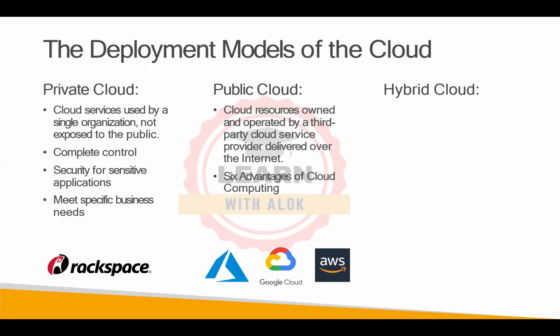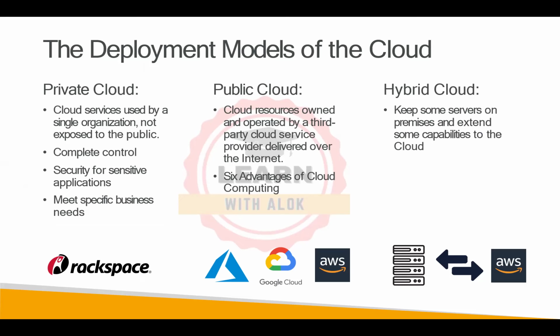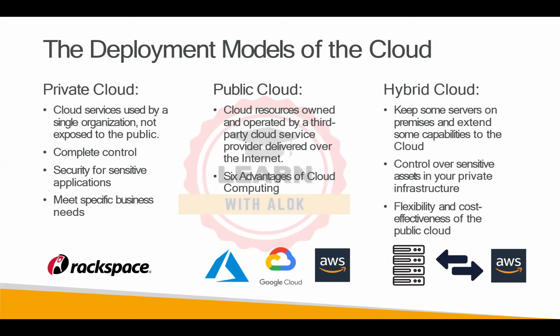When there is a combination of private and public cloud, it is known as hybrid cloud. Keep some servers on premises and extend some capabilities to the cloud. Control over sensitive assets in your private infrastructure, and the flexibility and cost effectiveness of the public cloud.